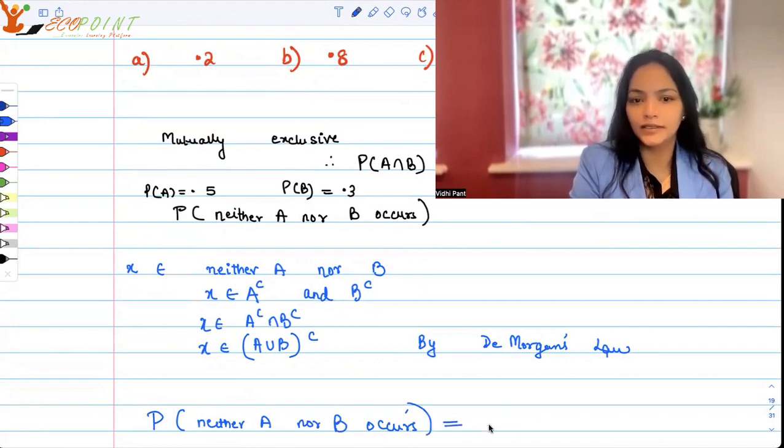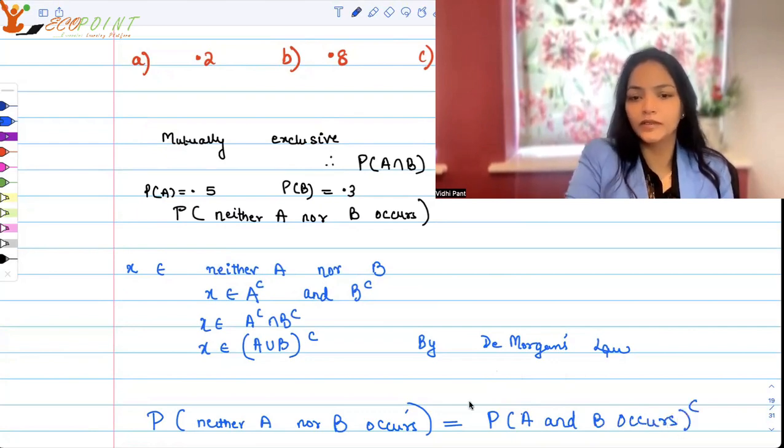That will be same as saying the probability of the complement of A and B both occurred.